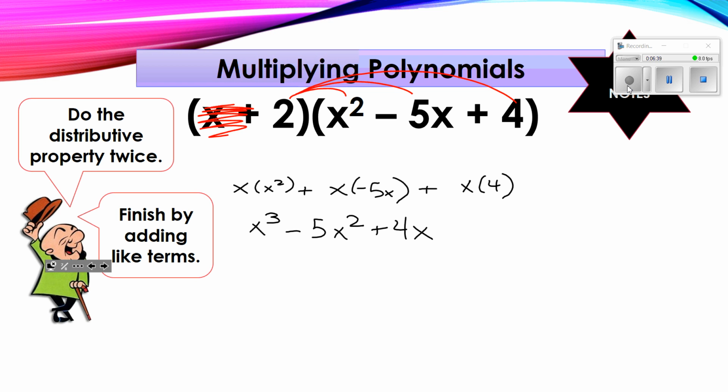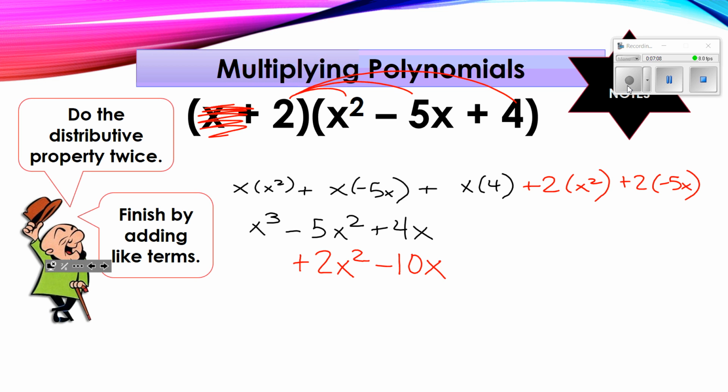The 2 times x squared results in 2x squared. I'm going to organize it right here. I put it underneath my other x squared term because I'm going to have to combine my like terms at the end. So I'm just organizing it as I go. Next, we have a 2 times a negative 5x, which results in a negative 10x, and I'm going to put that right here under this x term from the previous distributive property.